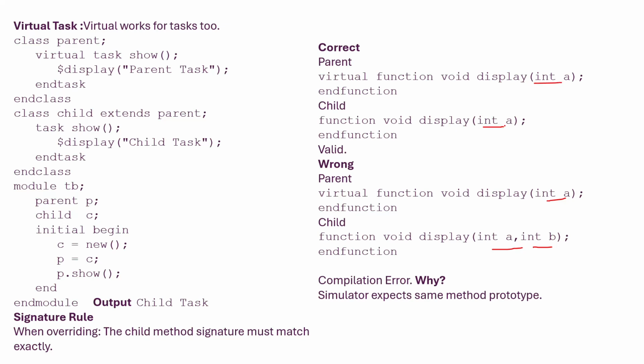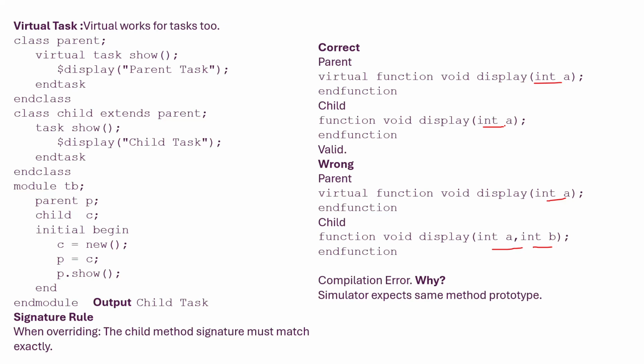Whatever properties and methods you use in your parent class, and you use the same in the child class, that is virtual. Both the method names are the same, that is also virtual. If you use different methods and different properties, then it is not obeying the virtual method. That is the wrong representation.